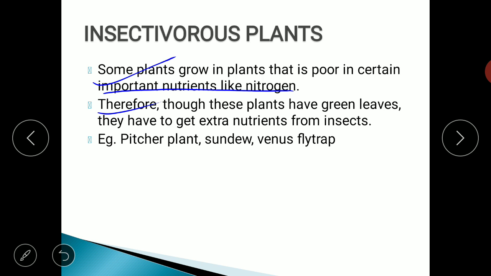So they need extra nutrients, and these extra nutrients they get from insects. So these are called insectivorous plants. Some of the examples are the pitcher plant, the sundew plant, and the Venus flytrap.